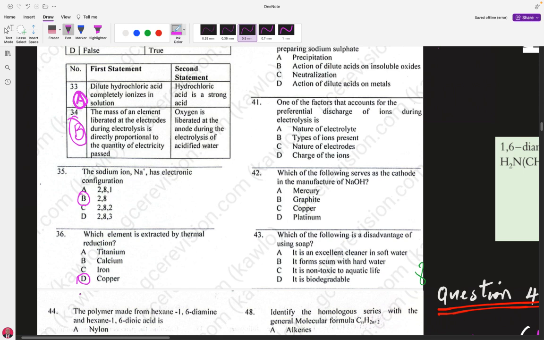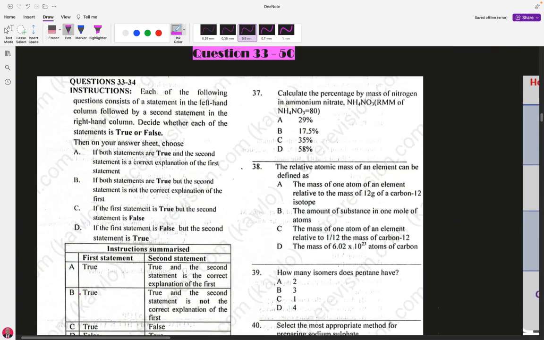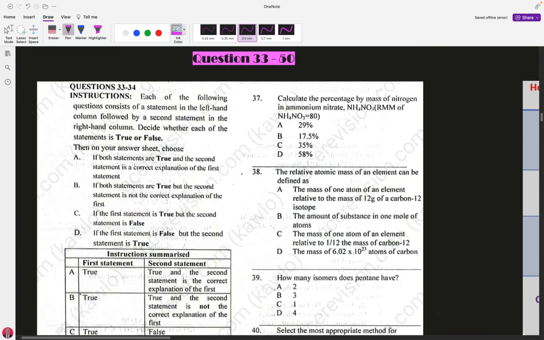Then, if we go to question number 37, question number 37 requires calculation. Now we are going back again to the stoichiometry of the subject. Calculate the percentage by mass of nitrogen in ammonium nitrate. The relative molecular mass of ammonium nitrate has been given.